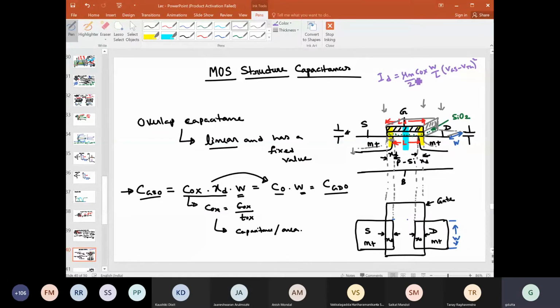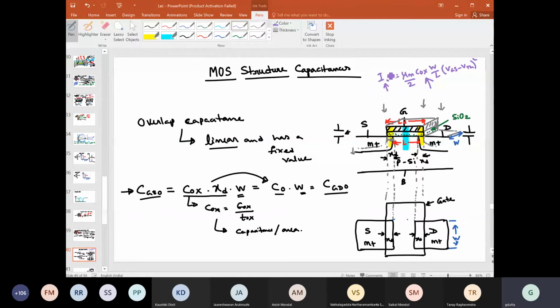Great. So here, if you see that mu and W by L, everything is constant, and if you only concentrate on the Cox, then you see this ID is proportional to Cox. So as a designer, if you want this ID to be higher, this Cox is expected to be higher. Remember that. You have to make ID higher, Cox has to be higher, right?